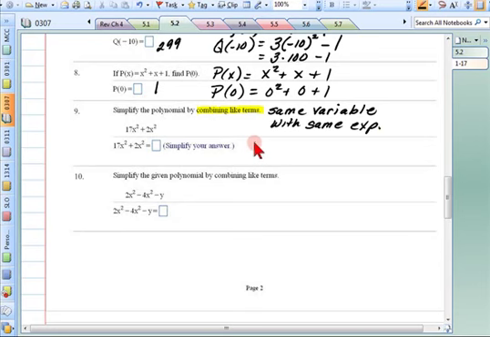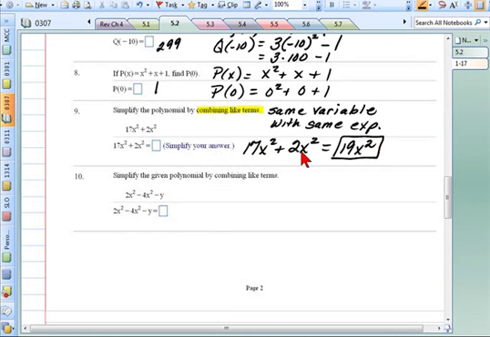All right, number 9, and if I rewrite that, I have 17x squared plus 2x squared. You would have to ask yourself first, are they like terms? Yes. So I have a monomial plus a monomial. I combine like terms, 19x squared. And make sure that the answer you get when you've combined like terms has the same variable and the same exponent as the ones that added up to get it.